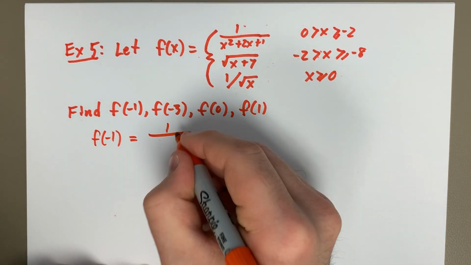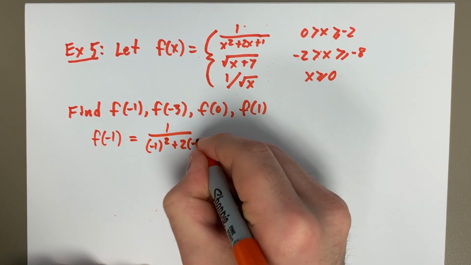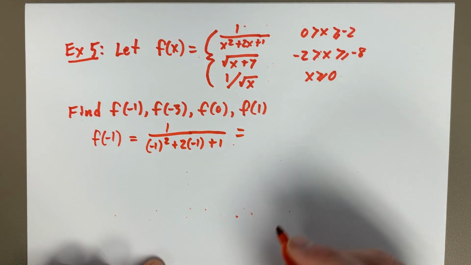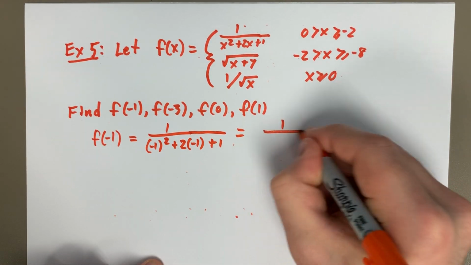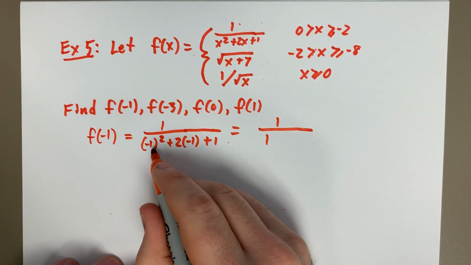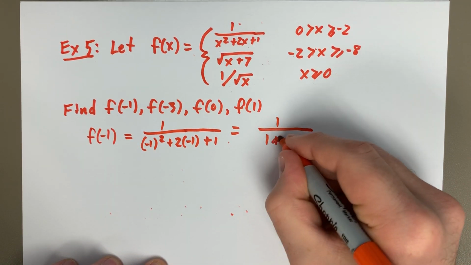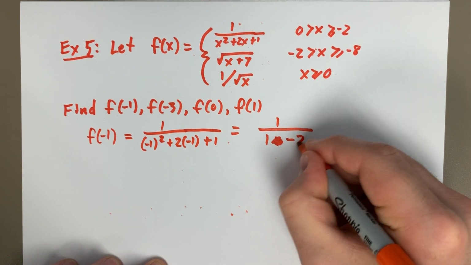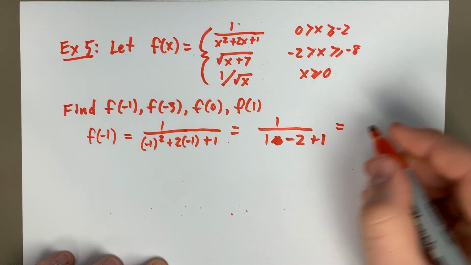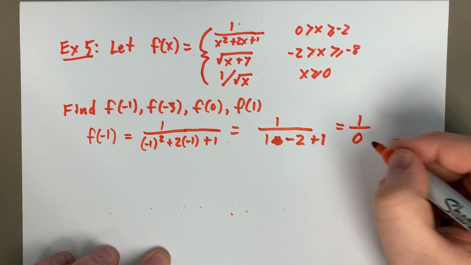So we have 1 over minus 1 squared plus 2 times minus 1 plus 1, all in the denominator. Simplify. We have 1 over 1, because minus 1 squared is 1, plus 2 times minus 1, so that gives us minus 2 plus 1. Combining like terms, you get 1 over 0.